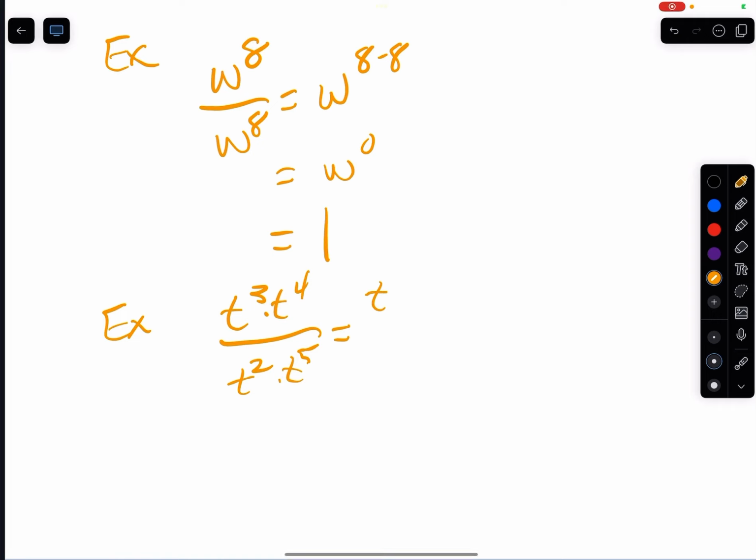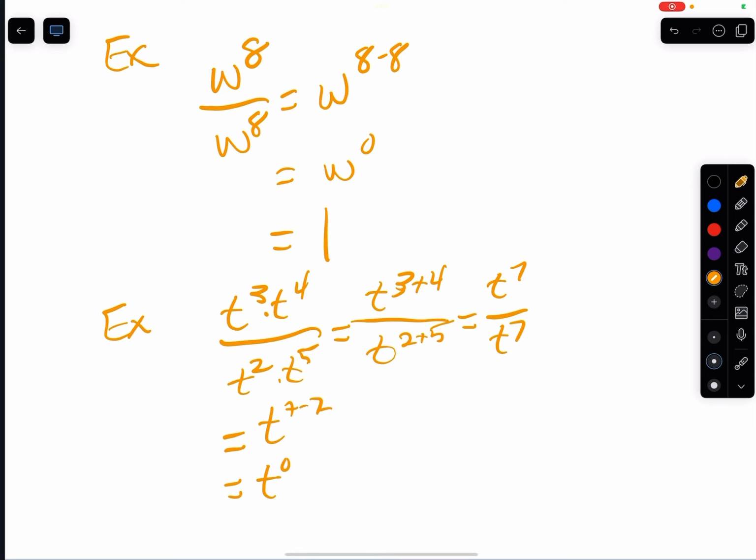So that is t to the 3 plus 4 over t to the 2 plus 5, which is equal to t to the 7 over t to the 7, which looks very familiar to something we've done before. Using the quotient rule of exponents, we can write that as t to the 7 minus 7, which is t to the 0 power, which is just 1.